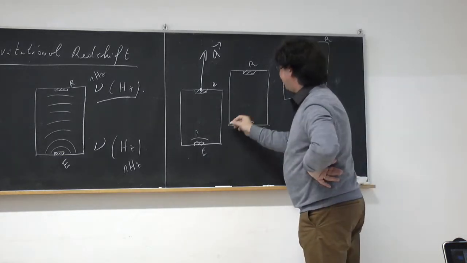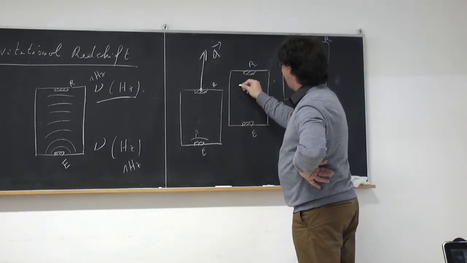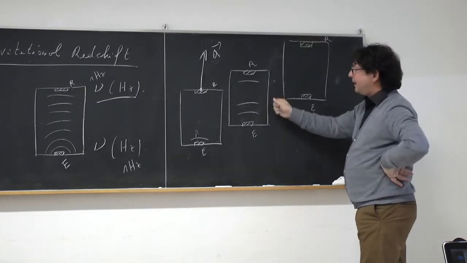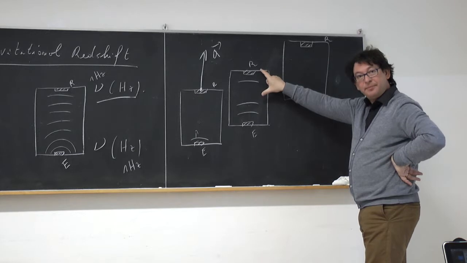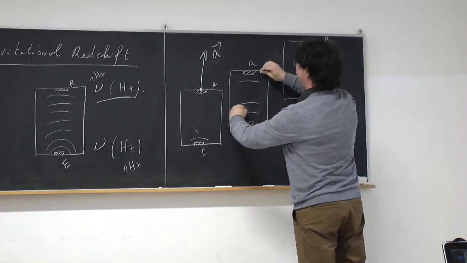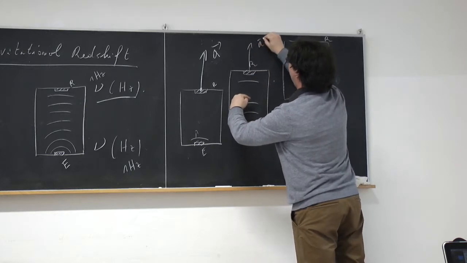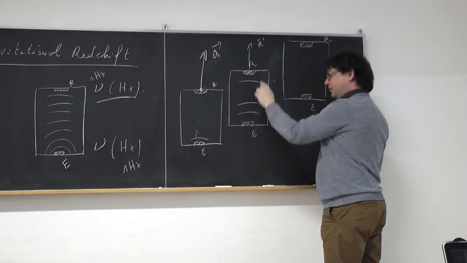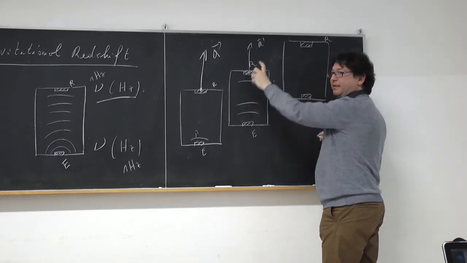This means that the receiver will receive the pulses with a delay in time, because effectively the wavefront is moving at constant speed upwards, but the receiver, with respect to the wavefront, not with respect to the emitter, is traveling as well.